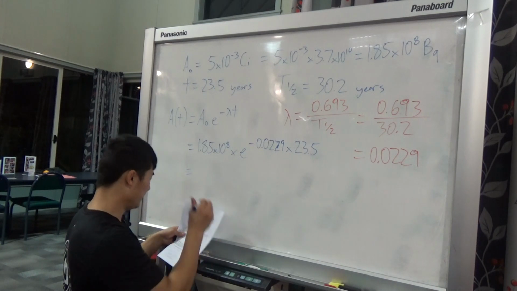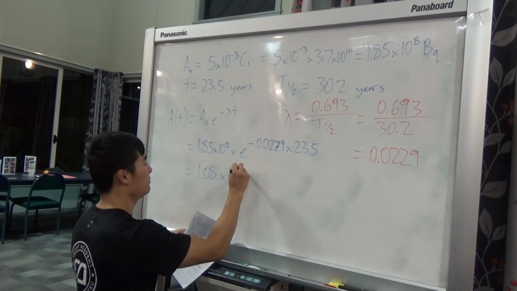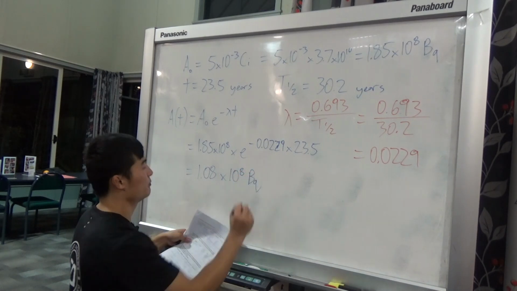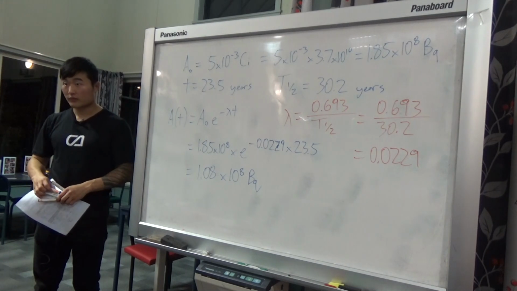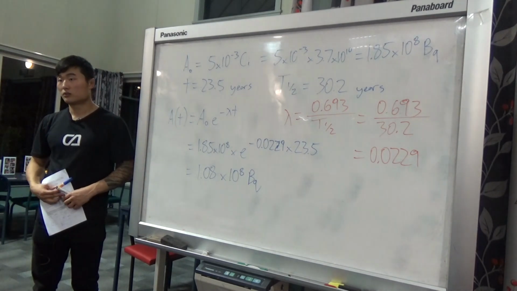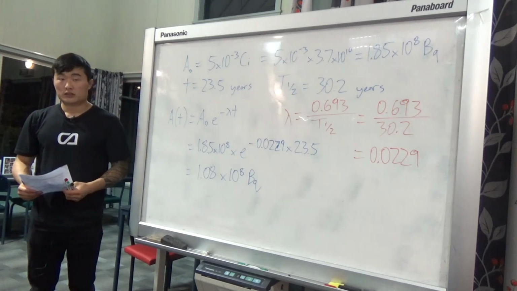And that would give you 1.08 times 10 to the power of 8 becquerels.